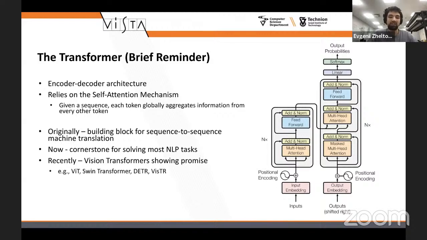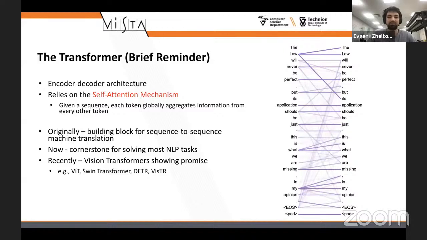For example, DETR and VisTR, which I talked about, use transformers for the auxiliary task of detection, not for feature extraction. But also ViT and Swin transformers, which use it for feature extraction in images, show very promising results. And here is an example of self-attention in text. You can see the lines connecting every 2 tokens, and the strength of the line shows how strong the attention is.